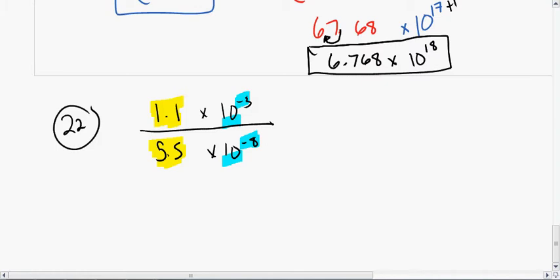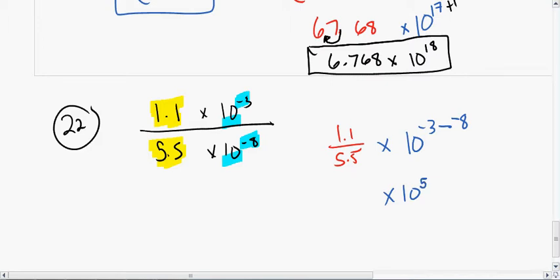So in my calculator, I'm going to go 1.1 divided by 5.5. And then I can do the subtracting in my head. It's going to be 10 to the negative 3 minus a negative 8. Right, I'm subtracting a negative 8. So that will be 10 to the negative 3 plus 8, or 10 to the 5th.